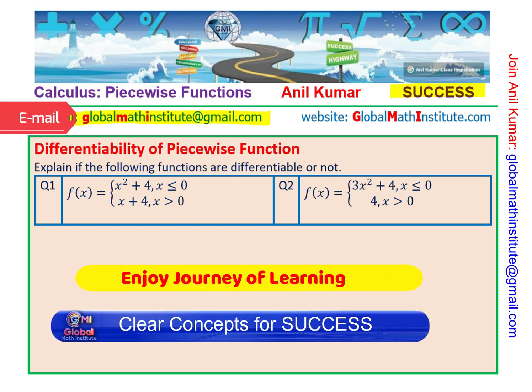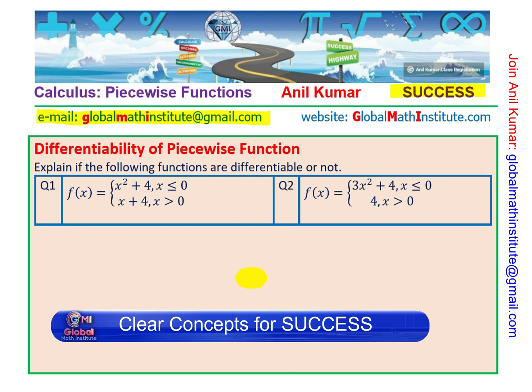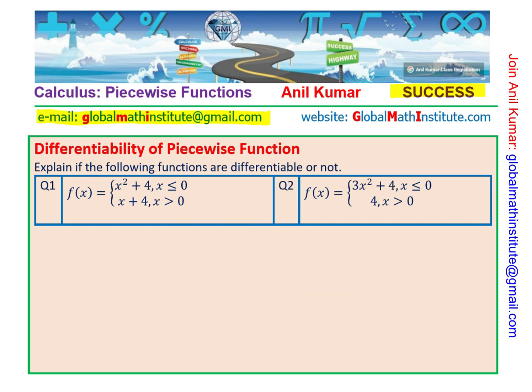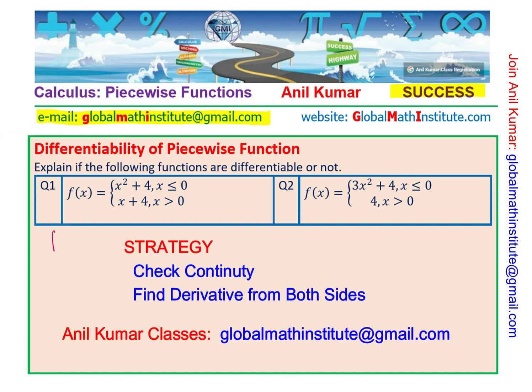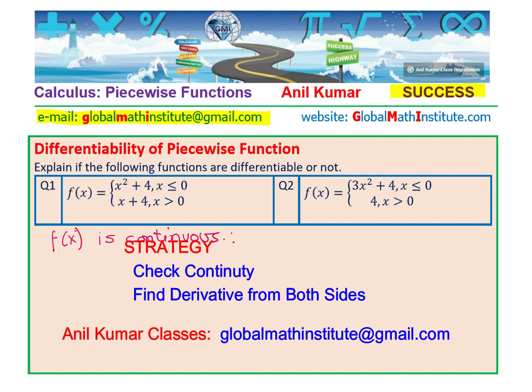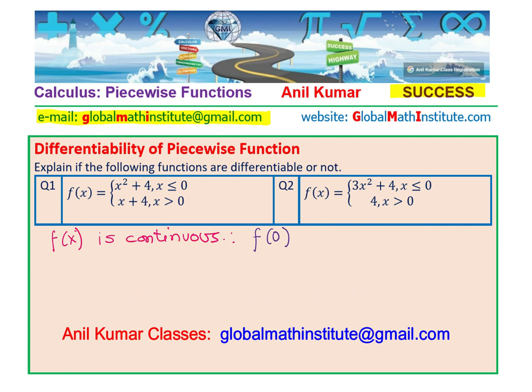Okay, so we have verified one thing, that in these cases the function f of x is continuous. How did we do that? We showed that the value of the function at 0 is the same, since otherwise they are continuous in the domain, both the parabola and the linear function.